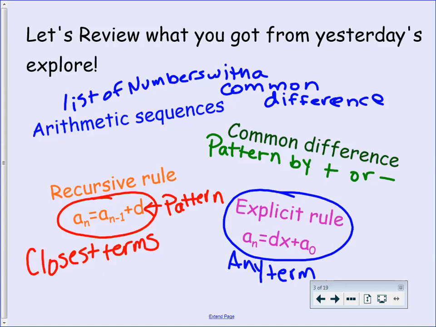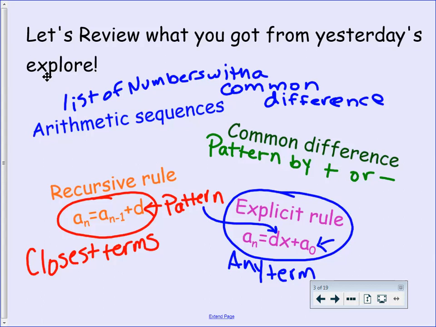The equation is a_n equals dx plus a_0. d is still my pattern, and a_0 is going to be the number before our first number. We are always given the first term, but we want the 0th term. You'll understand what I'm talking about in a second.